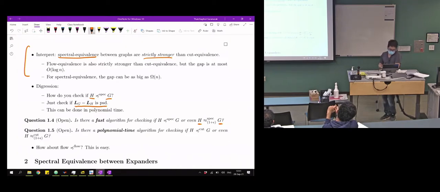This is even crazier for cut. If you are given H and G and you want to check if H is less than G in the cut sense, I don't even know a polynomial time algorithm for this. So that's a bit crazy.